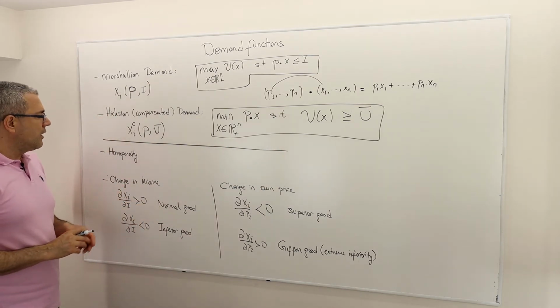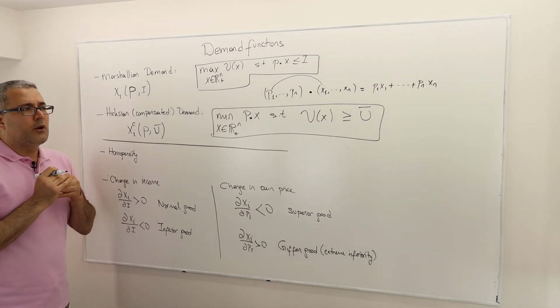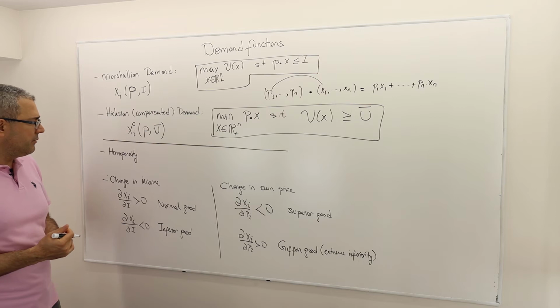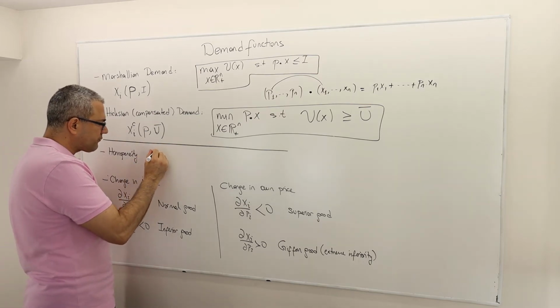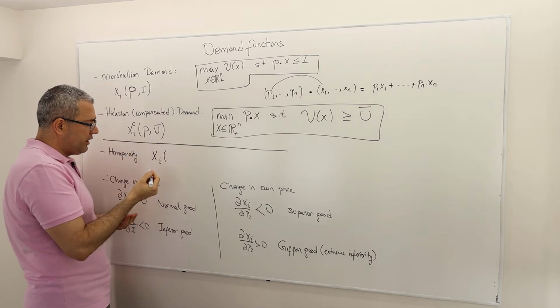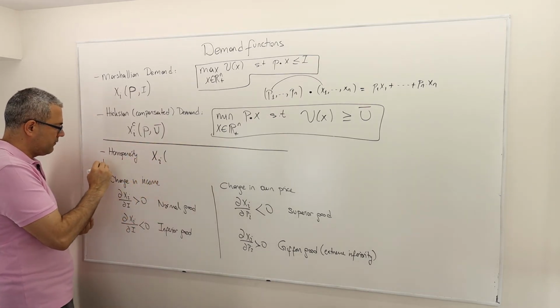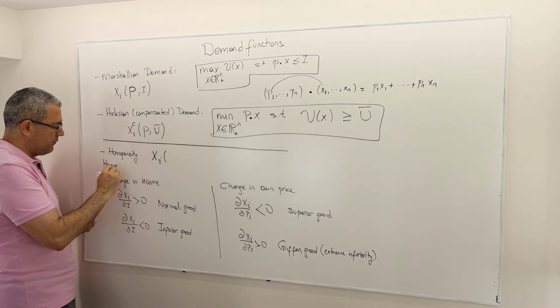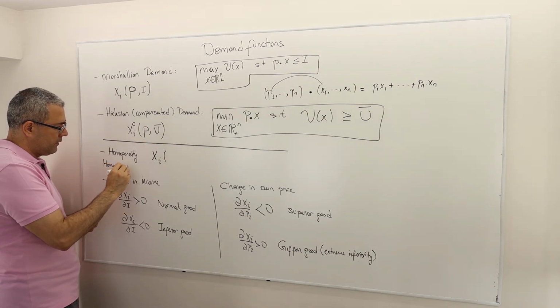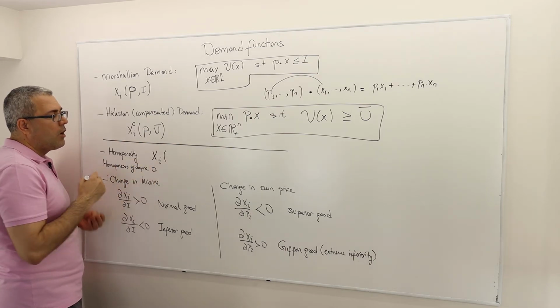All right, so the homogeneity. This is a property of Marshallian demand curves. For any good i, the Marshallian demand curves are homogeneous of degree 0. What does that mean?